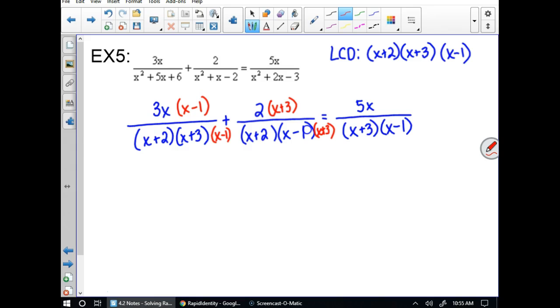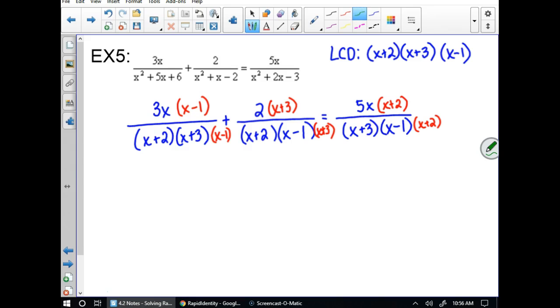And Aaron, in the last one, we already have x plus 3 and an x minus 1. Which other one do we need? X plus 2. So we're going to put the x plus 2 in the top and the bottom. And now they're not all in the same order, but they all have the same denominator. And the order doesn't matter because you're just multiplying.